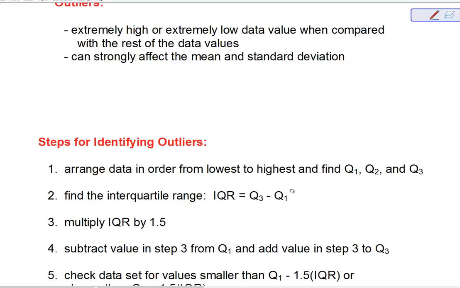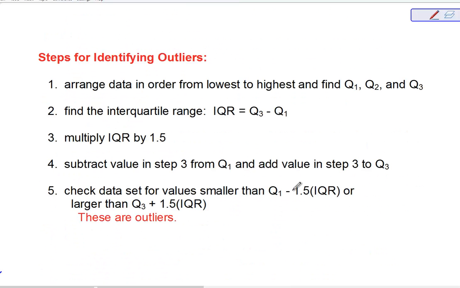So let's look at the steps for identifying your outliers. Step number 1, arrange the data in order from least to greatest, and find Q1, Q2, and Q3. Those are our quartiles. Step 2, find the interquartile range, the IQR.